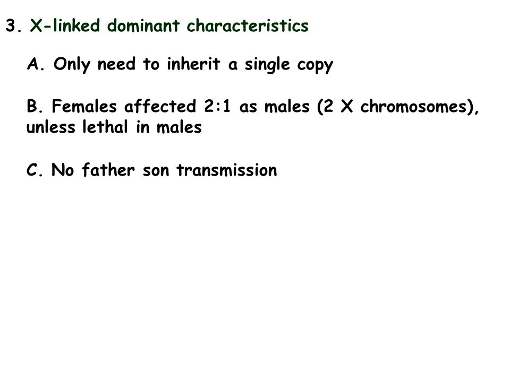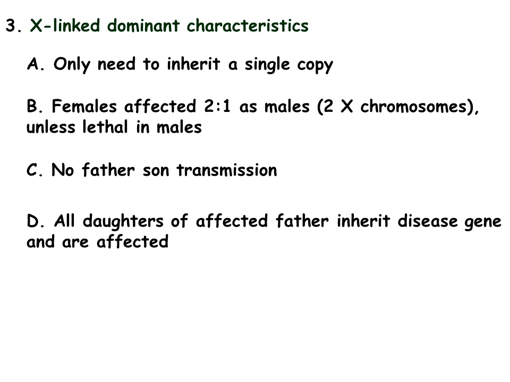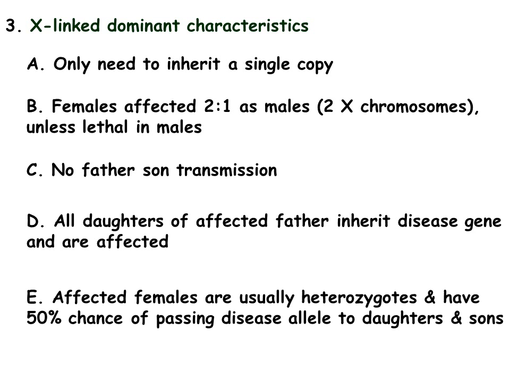No father-son transmission, obviously, because it's on the X chromosome. And all daughters of an affected father will inherit the disease gene and are affected, because they have to get that X from their father. And affected females are usually heterozygotes, and they have a 50% chance of passing the allele to daughters and sons.